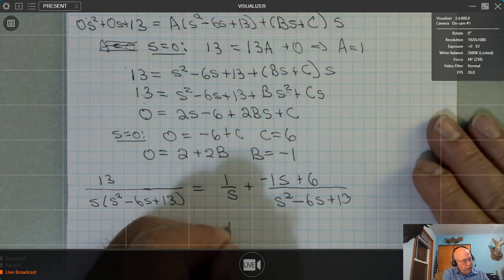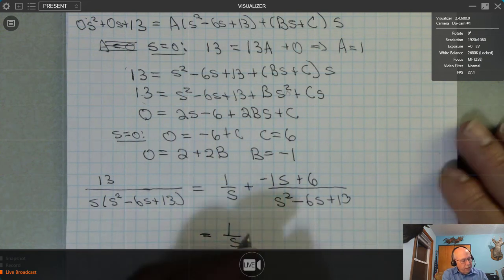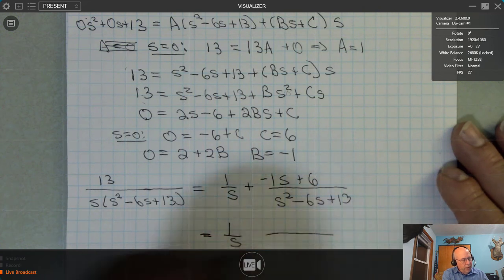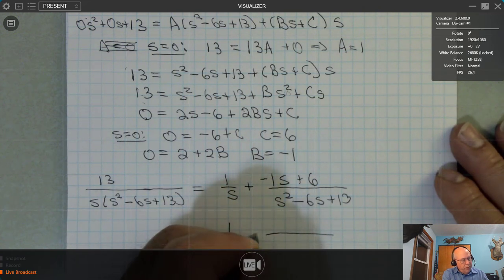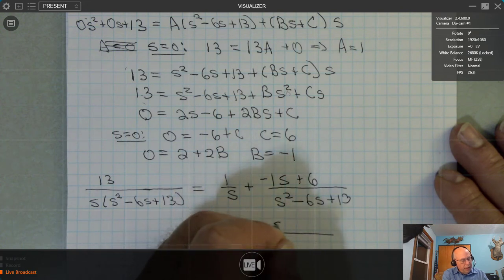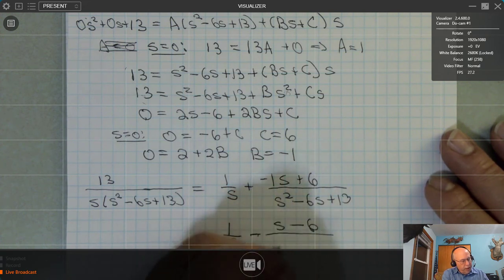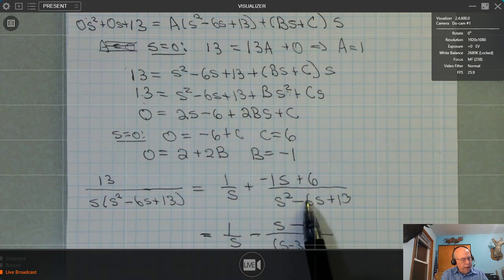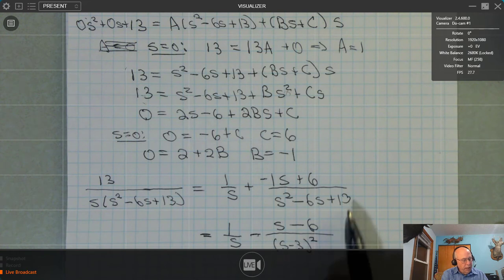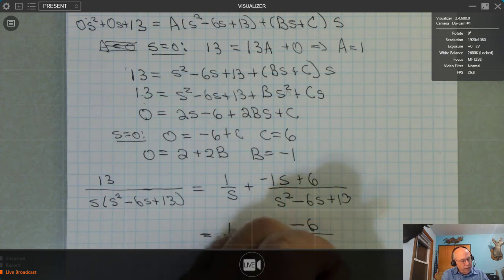Last step, let's just clean this up a bit. We know we're going to have to complete the square on that. So why don't we do this? I'll put a minus out here and call this s minus 6. And then down here, I've got s minus 3 squared. Half of 6 is 3, so that has effectively added 9, so I need to subtract off 9. 13 minus 9 is 4, which is 2 squared.